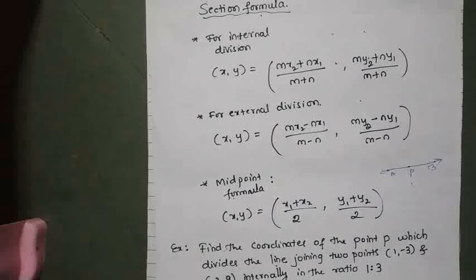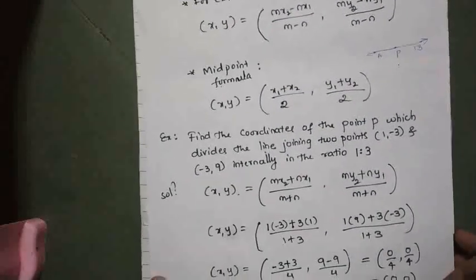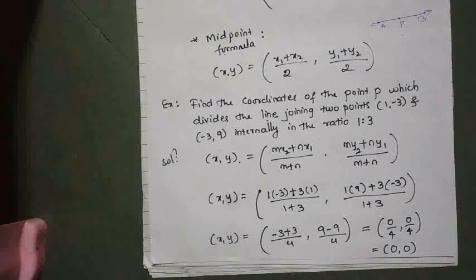Let's remember these formulas and we will have examples. So find the coordinates of the point P which divides the line joining the 2 points 1, minus 3 and minus 3, 9 internally in the ratio 1:3.